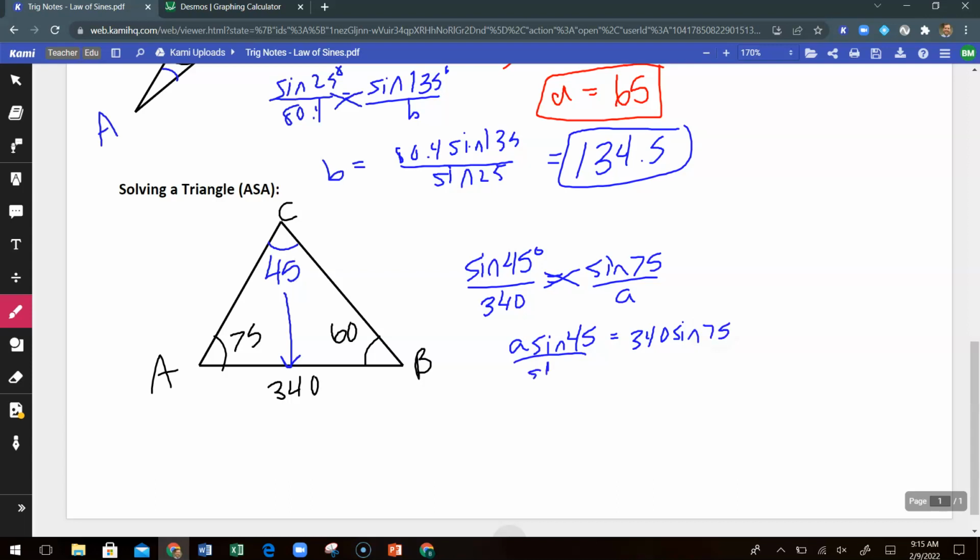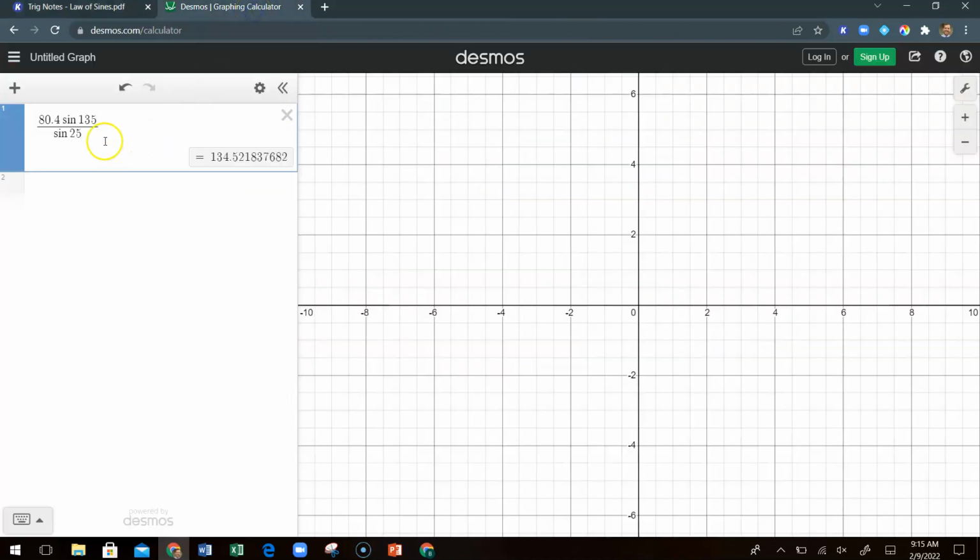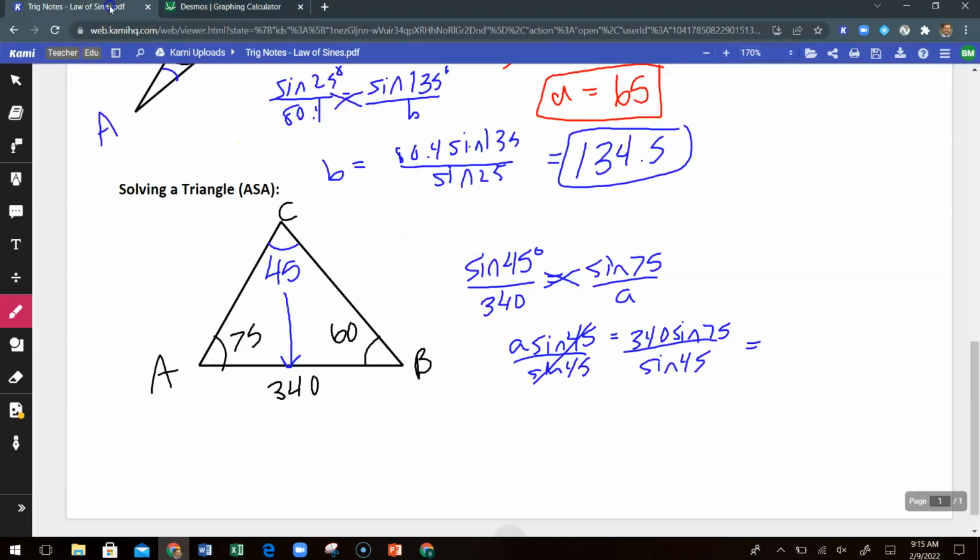And then we're going to divide by the sine of 45, just like we did before. So we've got 340 times the sine of 75 divided by the sine of 45. And I get 464.4. That is side length A. So this would be 464.4.